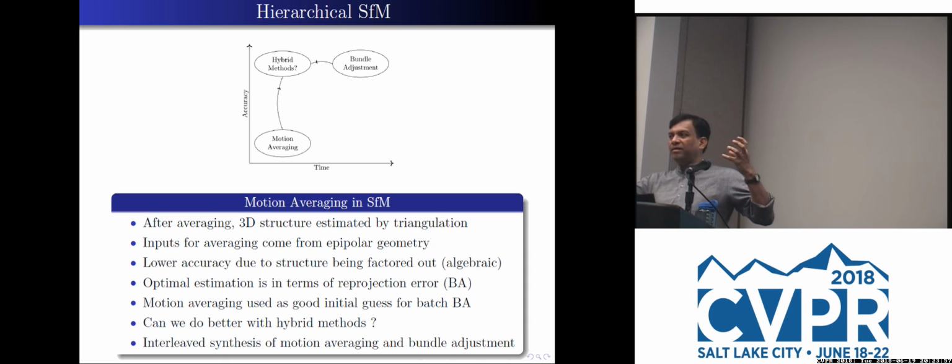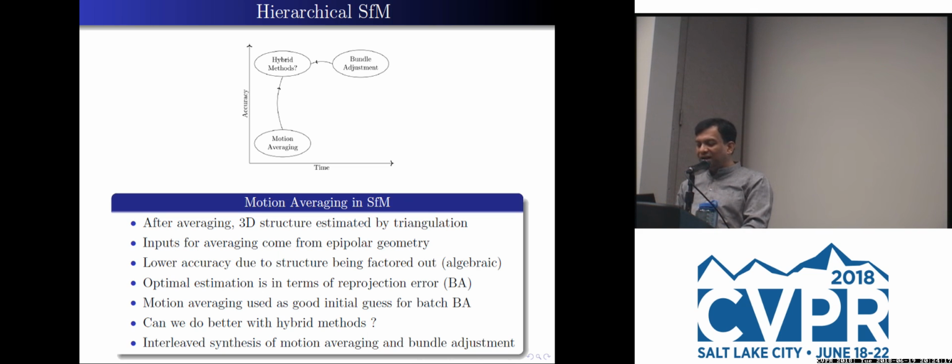They're just using 2 cameras at a time, or maybe a few at a time. So if your input for the averaging is poor in quality or is noisy, then the output is also going to be less accurate. So what you're gaining here is in time. So the obvious question to ask is, can we do some way of integrating these two things?